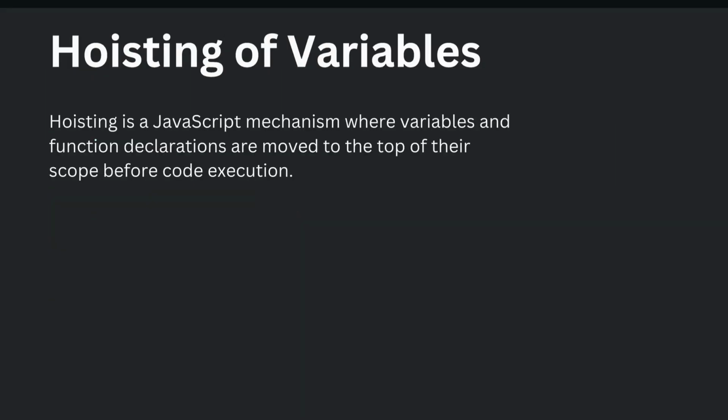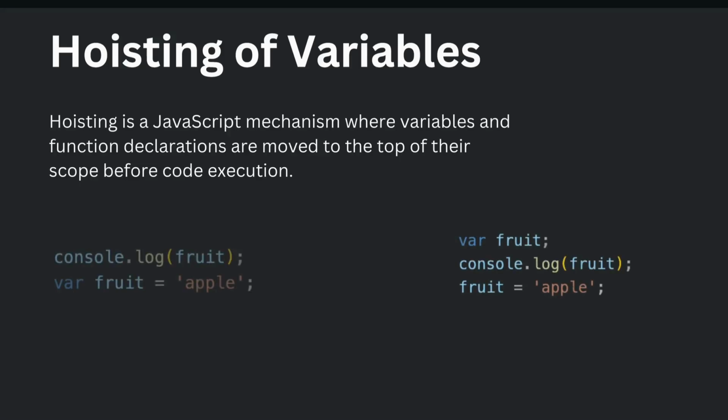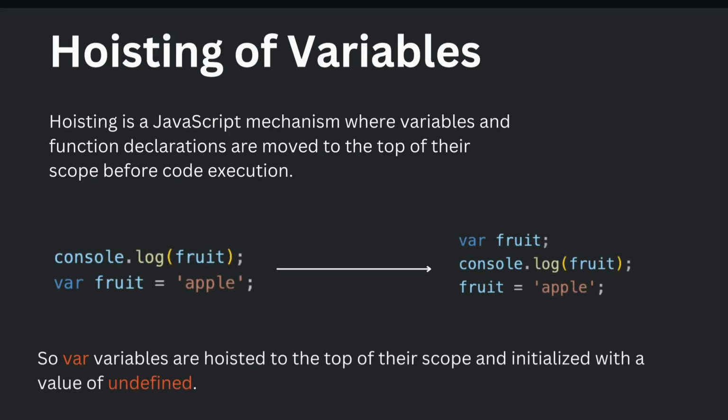Next thing we have to look at is hoisting of variables. What is hoisting? Hoisting is a mechanism in JavaScript where variable and function declarations are moved to the top of their scope before the code execution. Let us look at what hoisting in var is. On the left hand side is the code actually written, and on the right hand side is how it is interpreted.